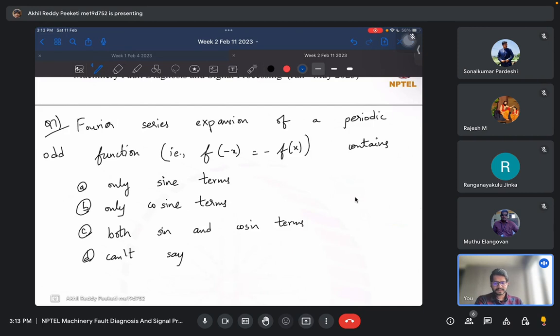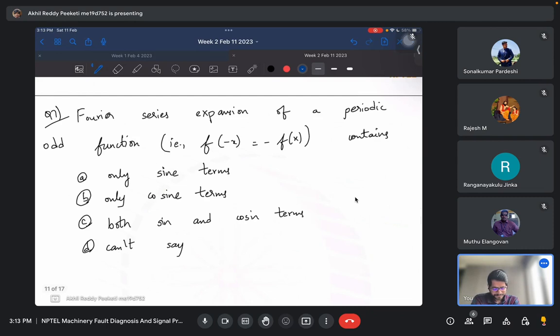If you have seen the Sir's lectures, he would have gone through Fourier series expansions of any time domain signals. So this is one question from such questions. Fourier series expansion of a periodic odd function.